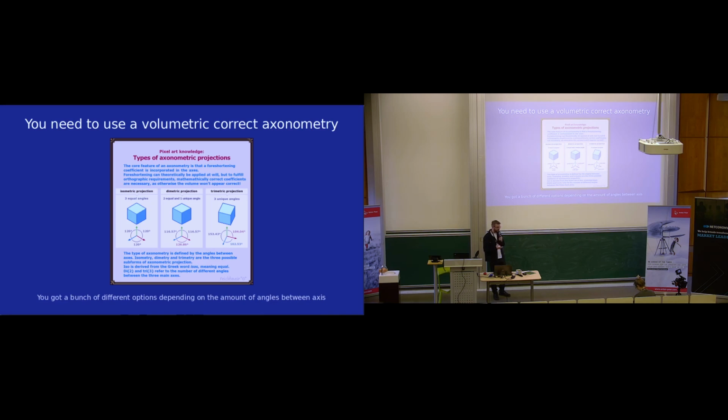There's a dimetry, which is defined by 2 angles having the same value. There's a trimetry, which has 3 angles with the same value. And then there is the isometry, which means all of those 3 angles between the axes are the same.